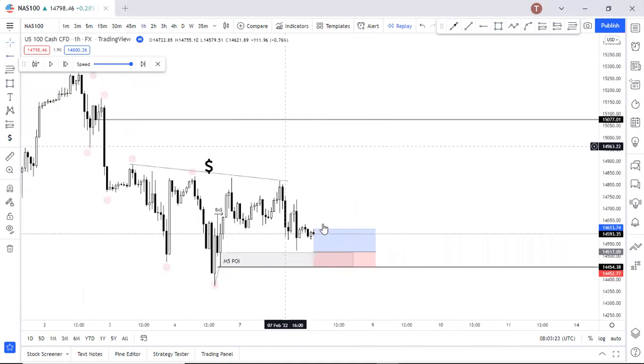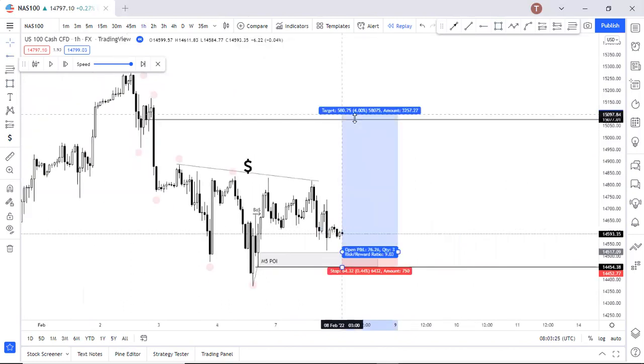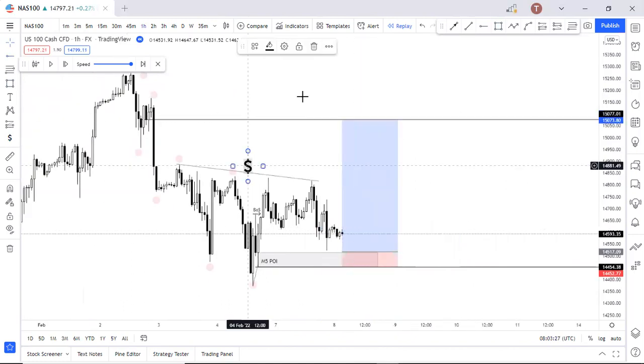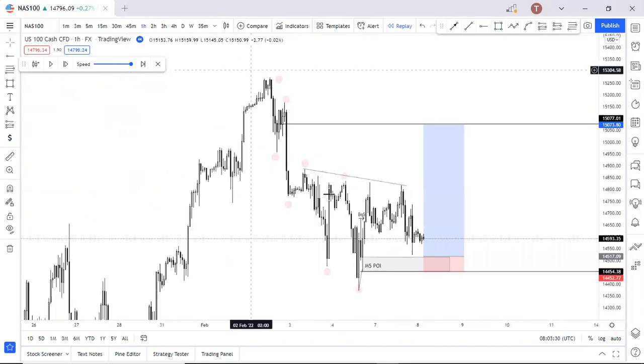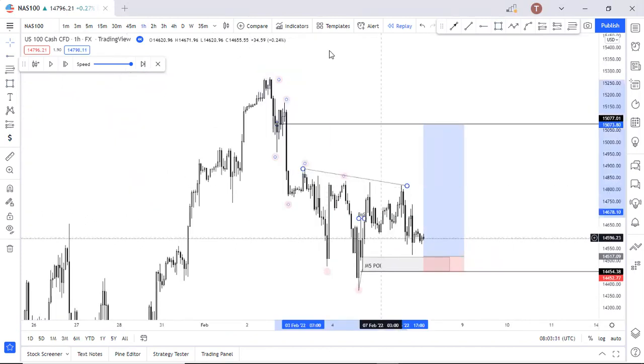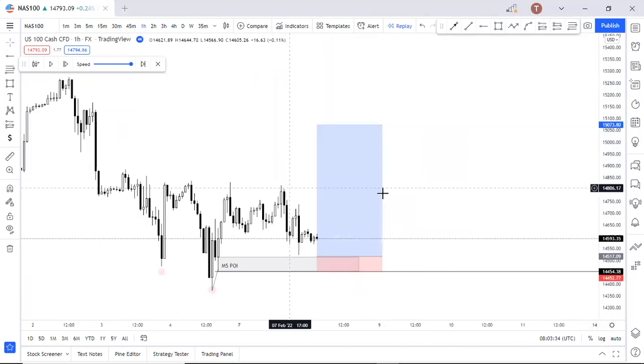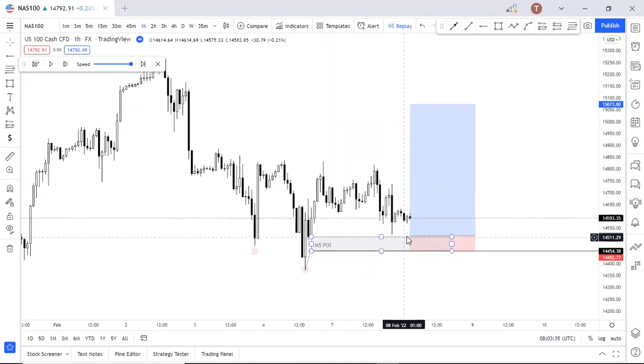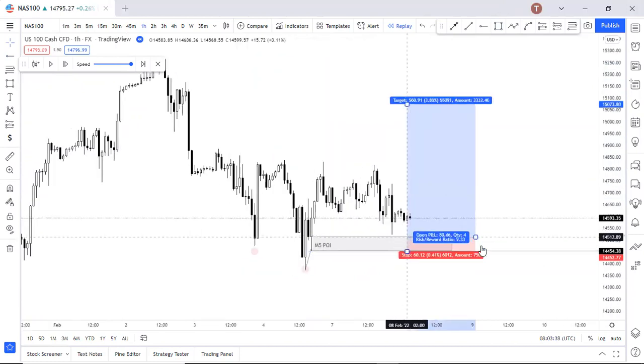I had this H1 as my take profit zone. So let's clear this out. All I did was wait for market to come tap me in.